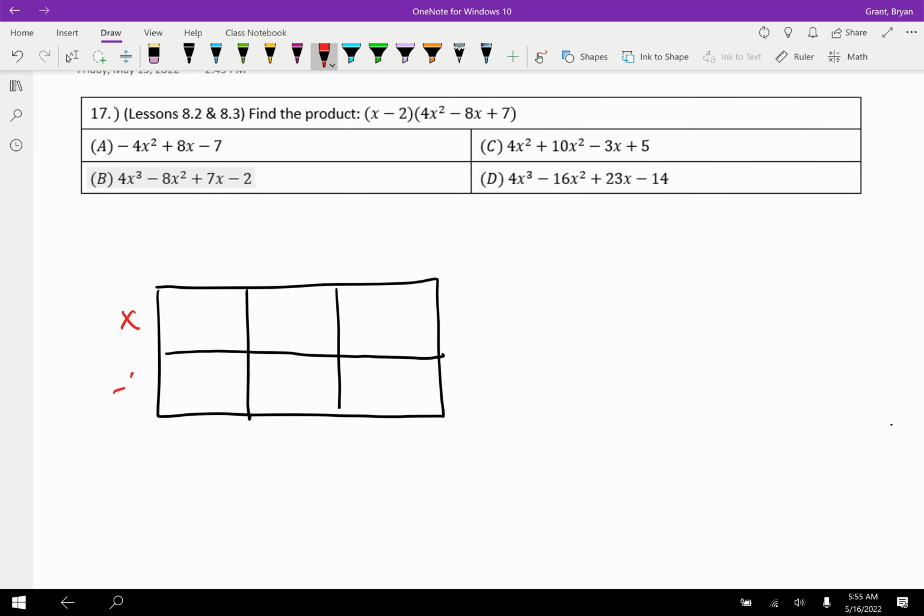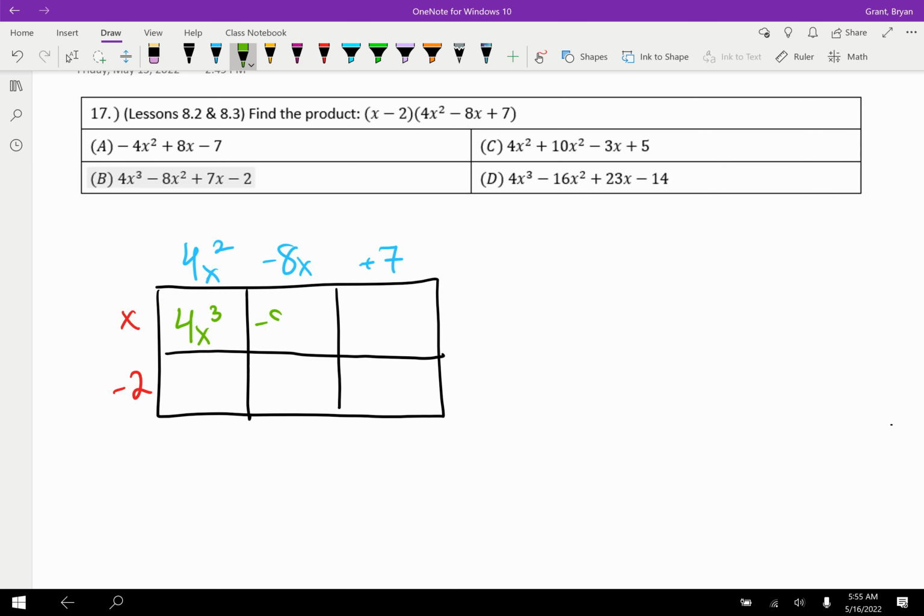We have x minus 2, and then we have 4x squared minus 8x with a positive 7. Multiplying polynomials finds area, so we're looking for the areas of these 6 inside squares or rectangles, and to find that area we always multiply. So 4x squared times x will be 4x cubed. X squared times x bumps up the power.